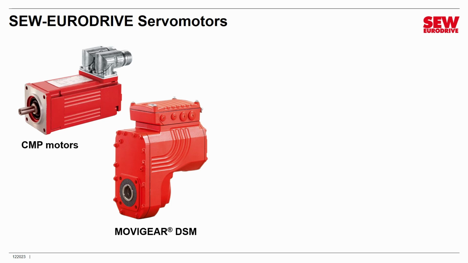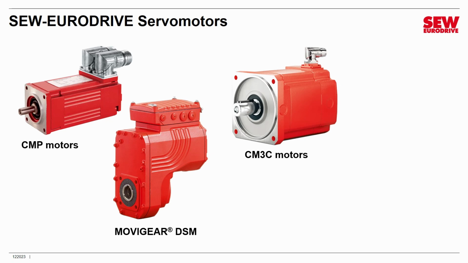The MOVITRAC LTP-B is often sold with these to control them, so if you see one of these, that's what you're seeing, a servomotor plus a gearbox. And then we have some newer products that are part of what we call our C generation. There is the CM3C motor. This is an improved servomotor that we have just introduced fairly recently, and it certainly can also be used with the MOVITRAC LTP-B.